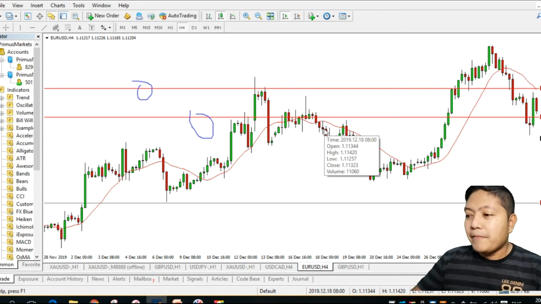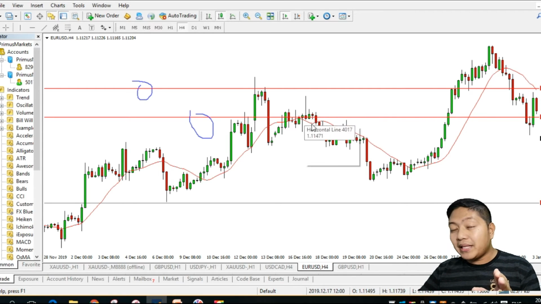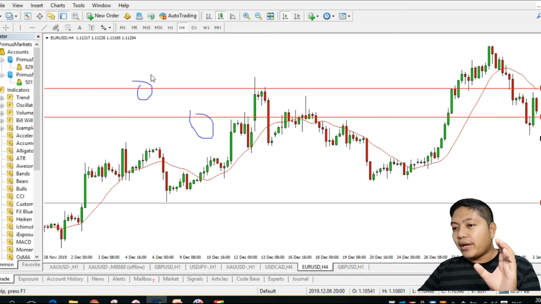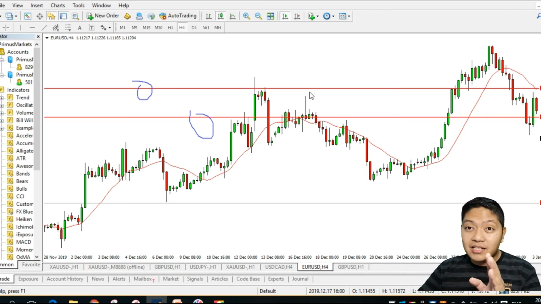Okay, about the strategy, next is strategy number 2. The moment the market hits your sell order, and it goes maybe about 30 pips down, the moment it comes to 20 or 30 pips down, you have to change your stop loss.